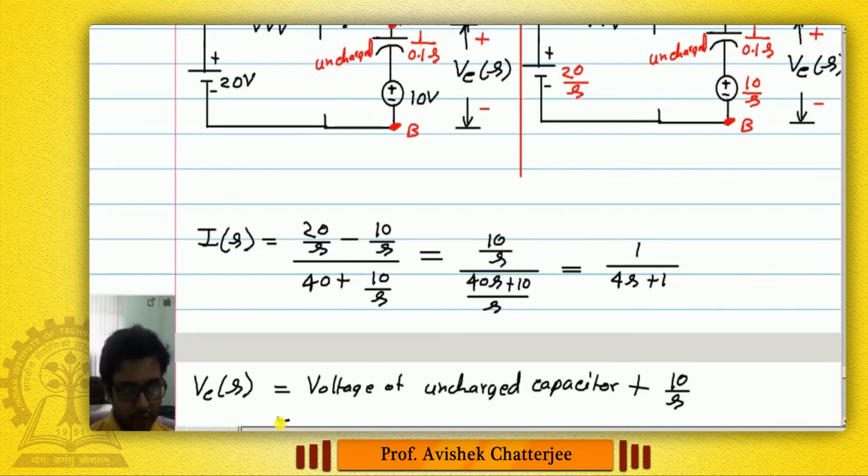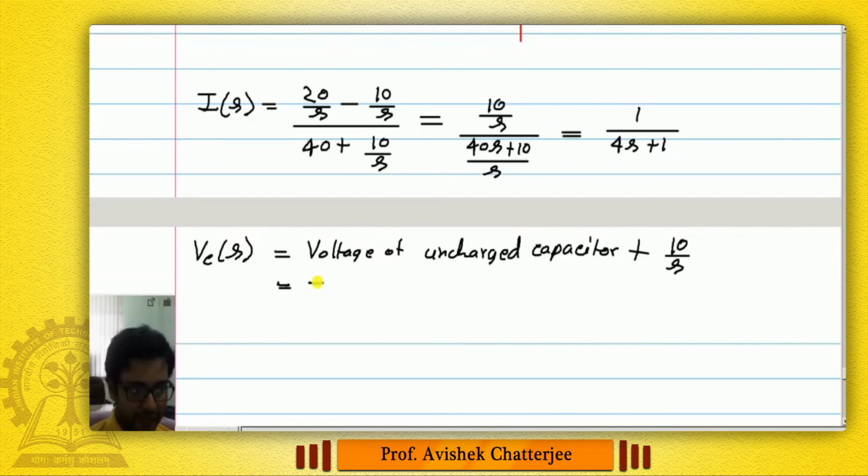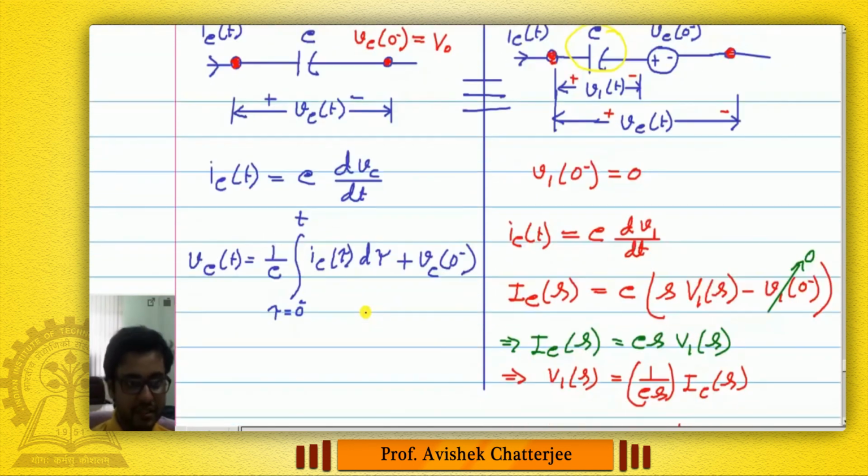Now the voltage of this uncharged capacitor will be equal to this current multiplied by this impedance, multiplied with 1 by 0.1S, because this is the relation between the voltage and current across an uncharged capacitor, which we wrote here.